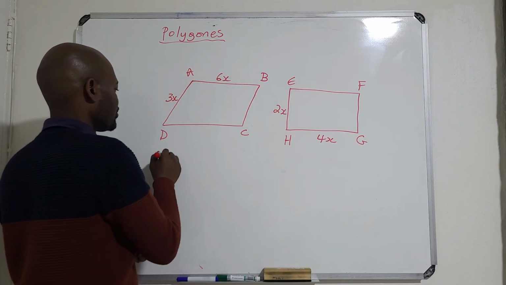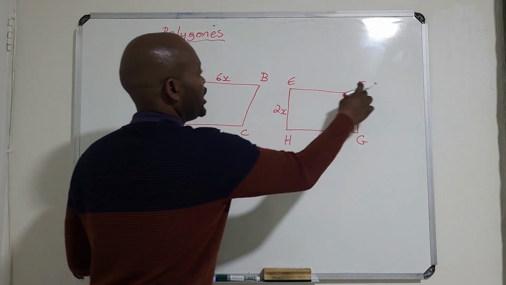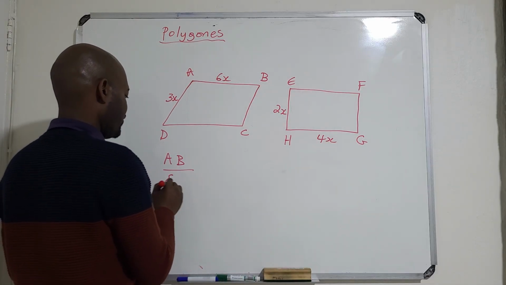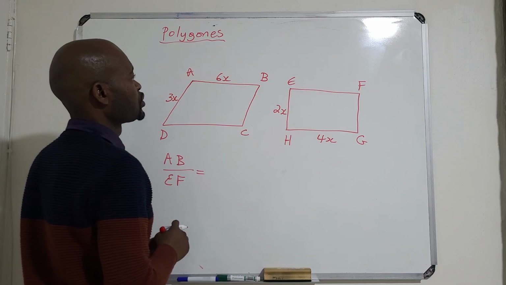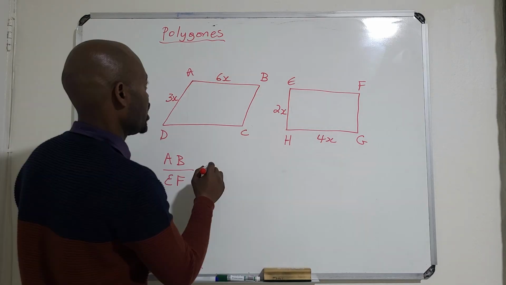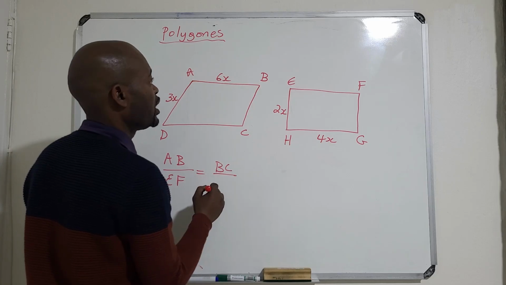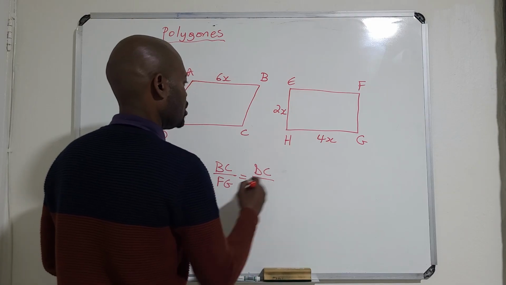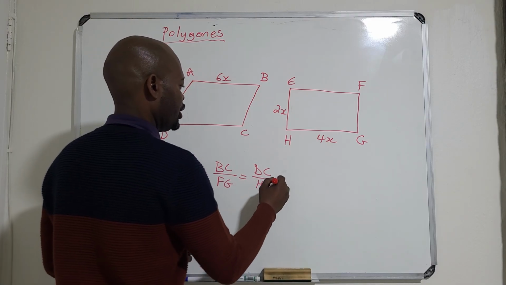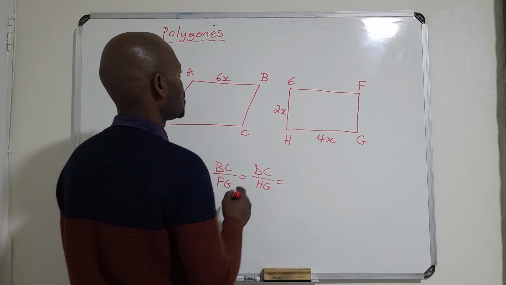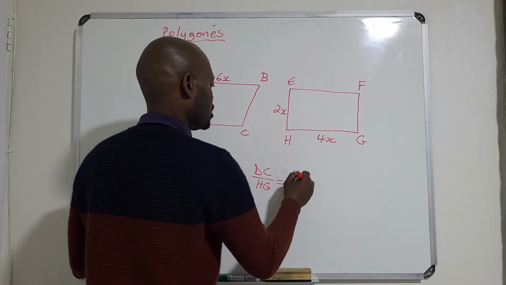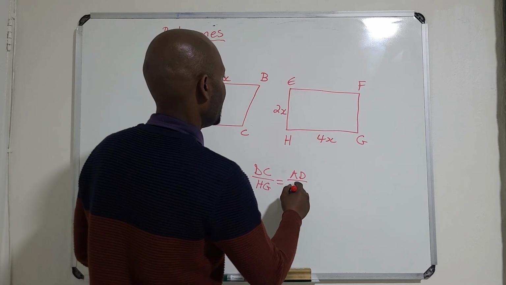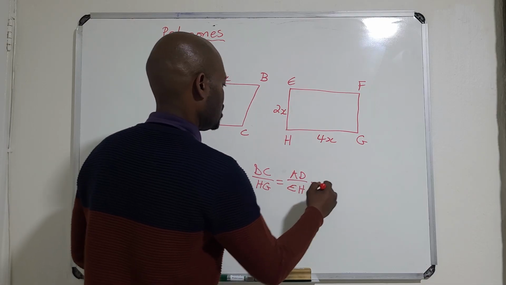In this case, we have AB over EF, which is equal to BC over FG. We also have DC over HG, which is equal to AD over EH.